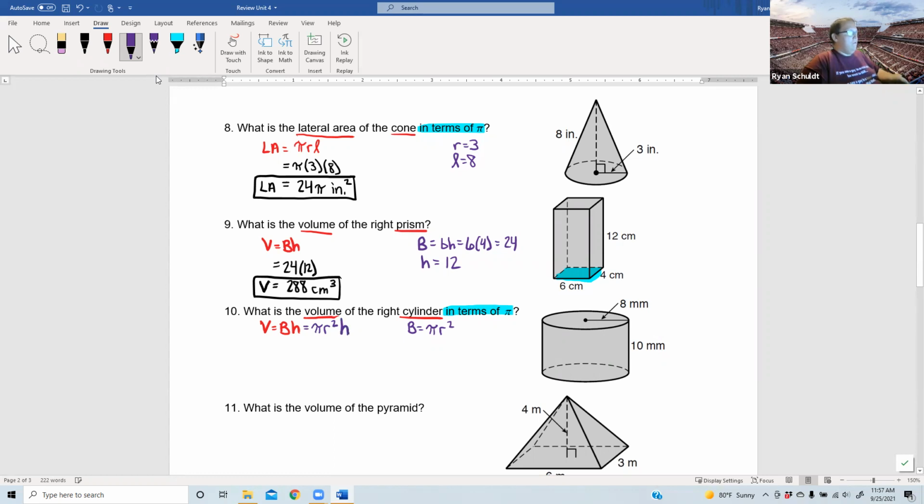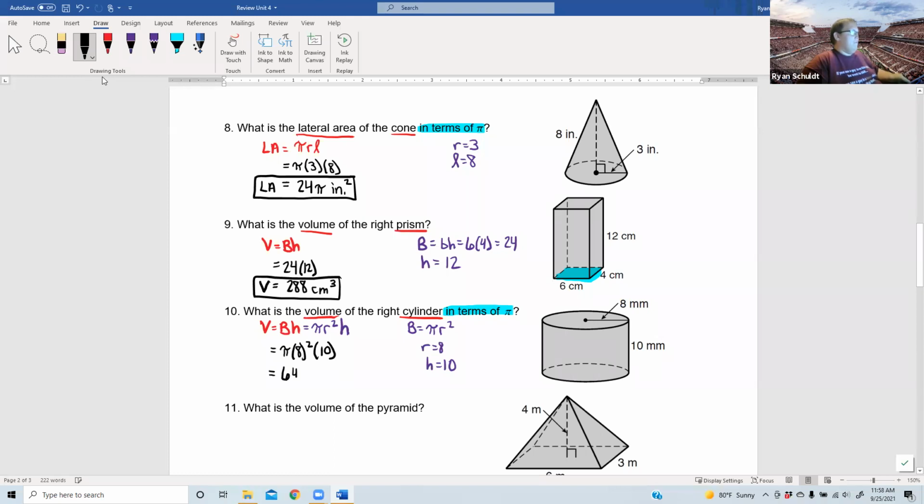Okay, so what's our radius? The radius is 8. The height is 10. Now we can plug in pi times 8 squared times 10. See, 8 squared is 64, so that'd be 640.